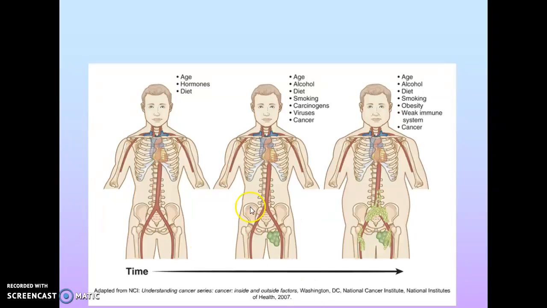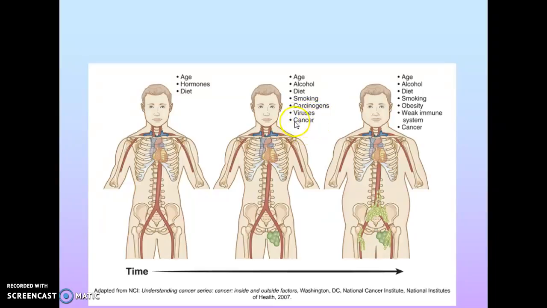So, at each stage you can see the different lists of risk factors that may play in. So, age, hormones, diet over here, the person is still relatively slim, slender, and now maybe the person starts to develop poor habits, brings alcohol into the picture, starts smoking, is exposed to more carcinogens just over time naturally or by a job, viruses.